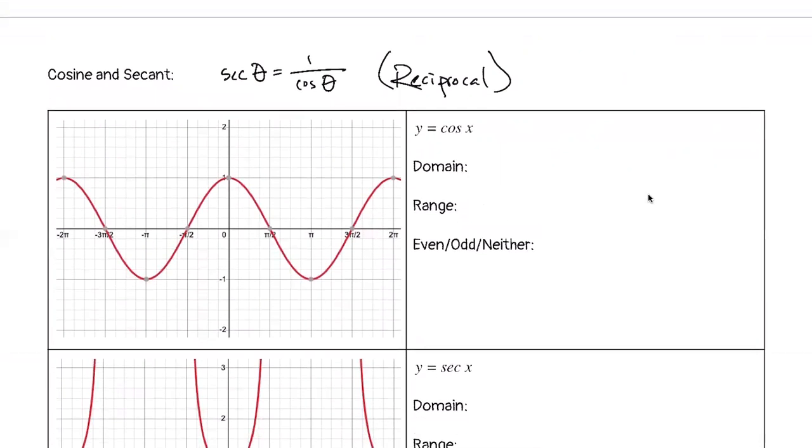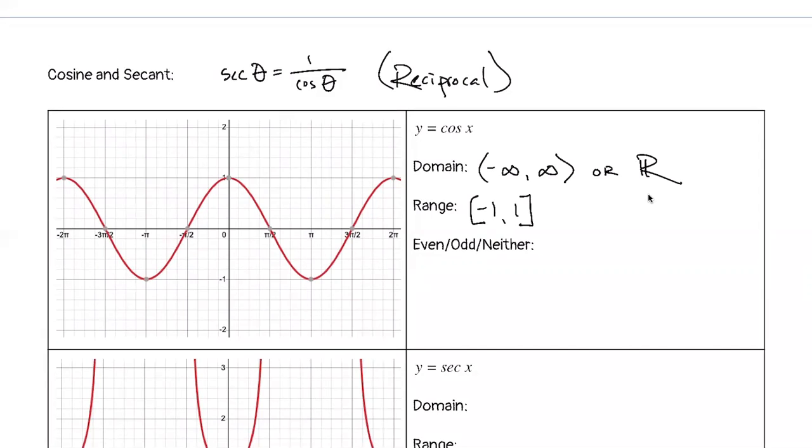We talked about how the domain is from negative infinity to infinity, or we could call it all real numbers. We said that the range of cosine was from -1, and that bracket means including -1, all the way to 1. We can close it with a bracket because we also include 1.